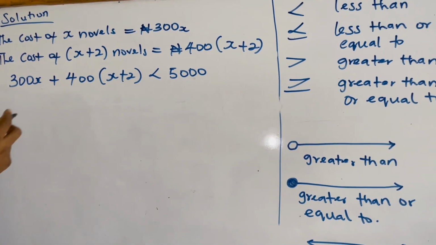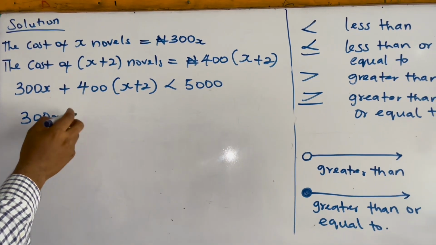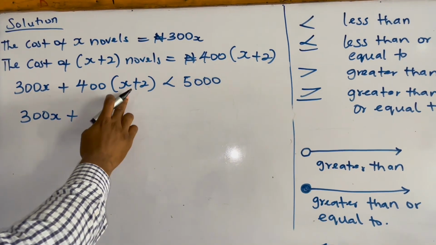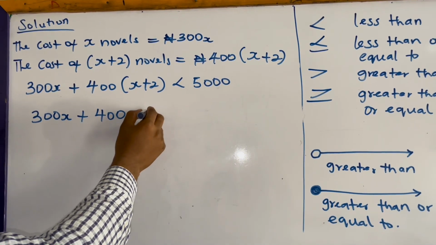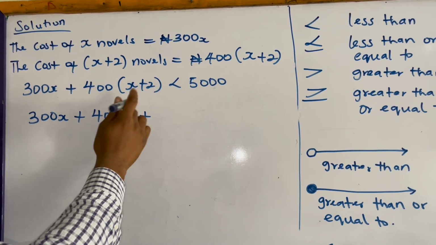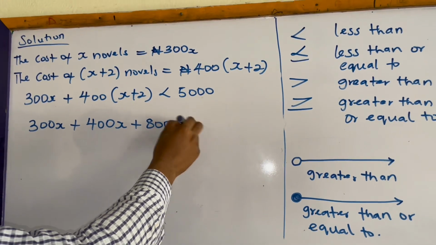So in this case, we have 300X plus 400 times X is 400X, plus 400 times 2 is 800, is less than 5,000.